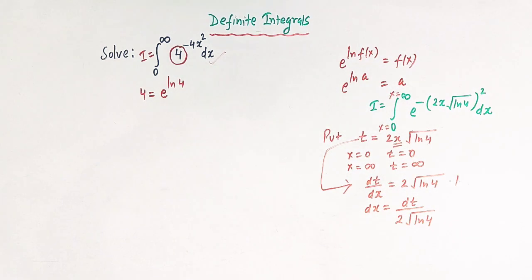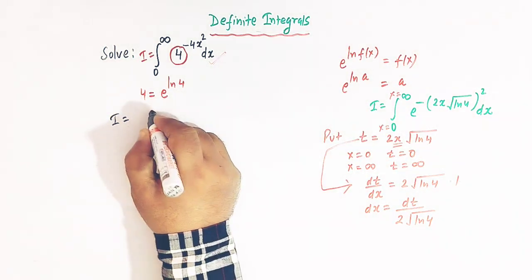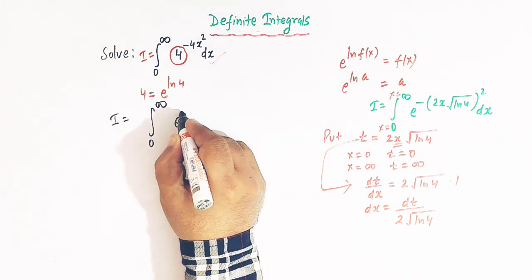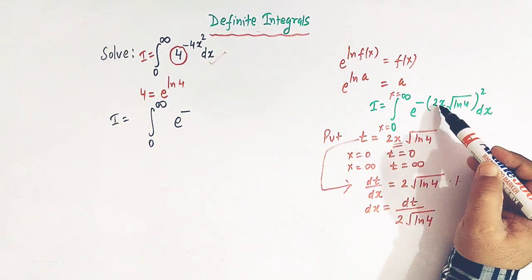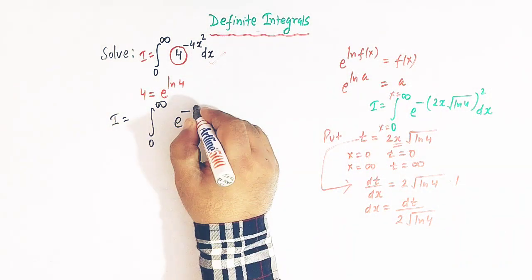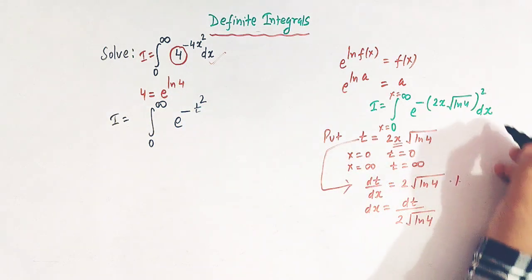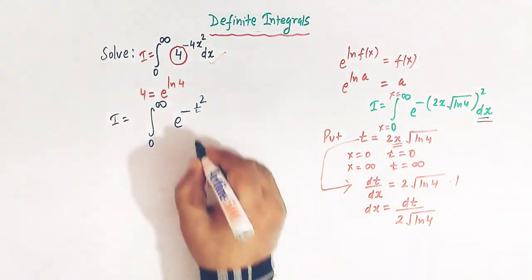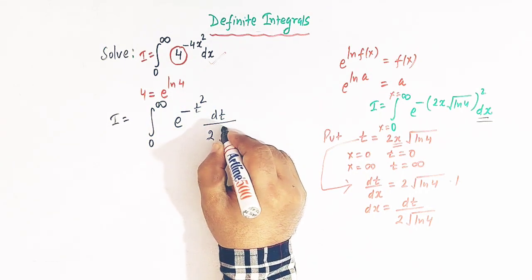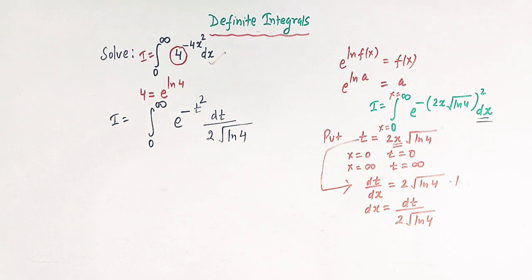Now we can write this integral I in terms of t. We have 0 to infinity, e raised to minus t square, and for dx we write dt divided by 2 times square root of log of 4.